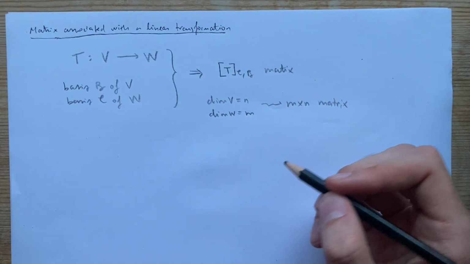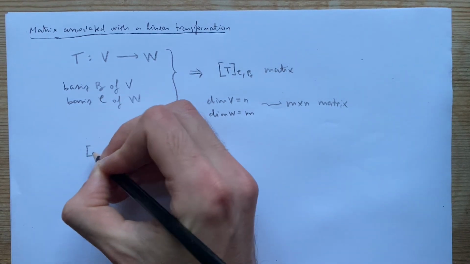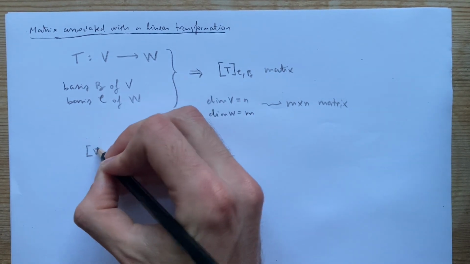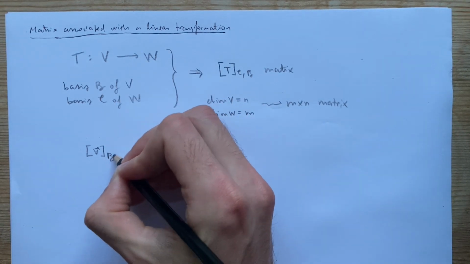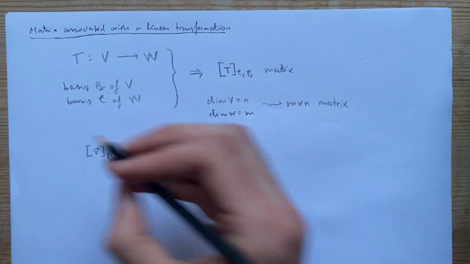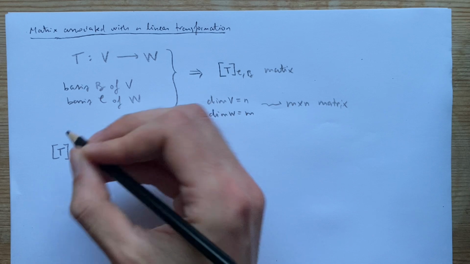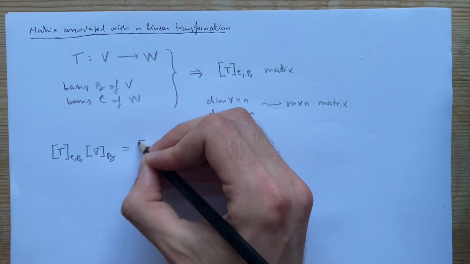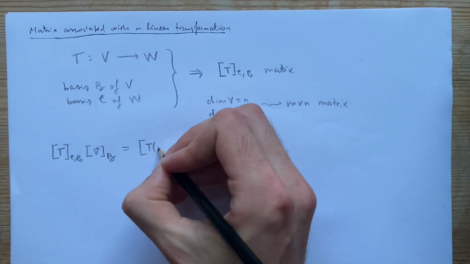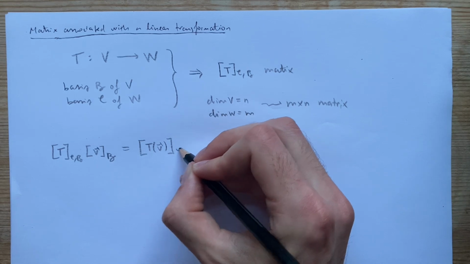And the interest of such a matrix is that whenever you have a vector v in the vector space V, which is expressed in the basis B, and you multiply that vector by the matrix T_CB, then you get the image of the vector under the linear transformation in the basis C.